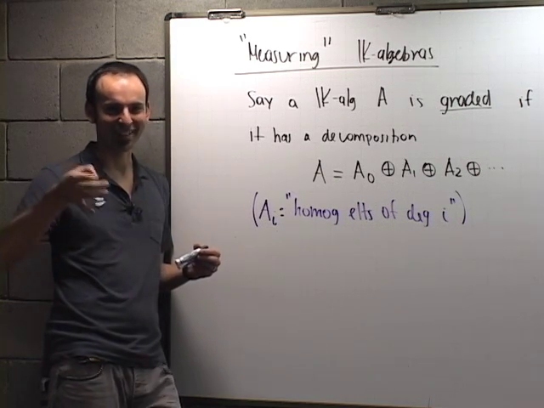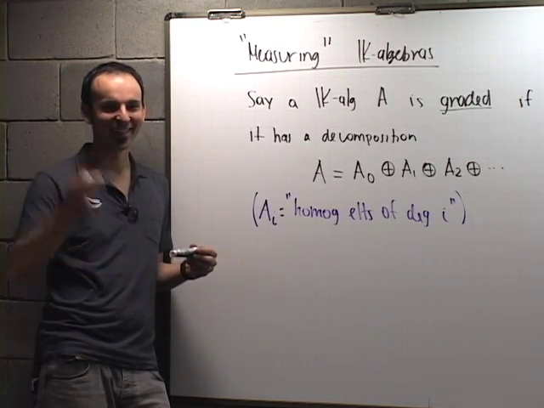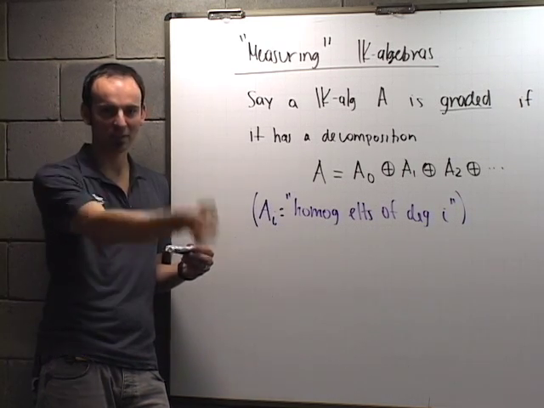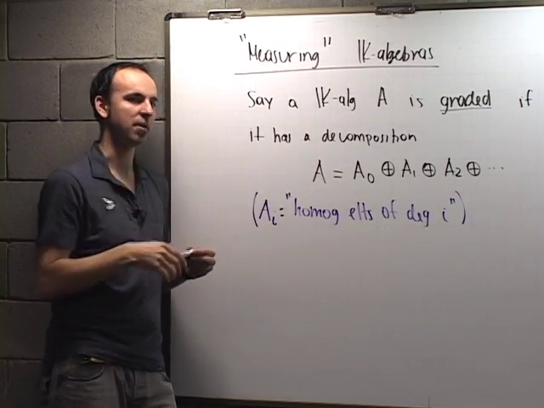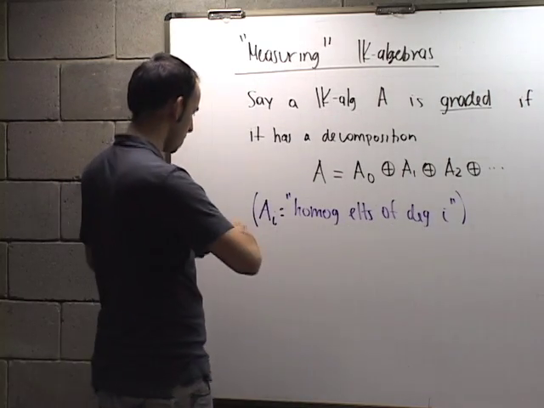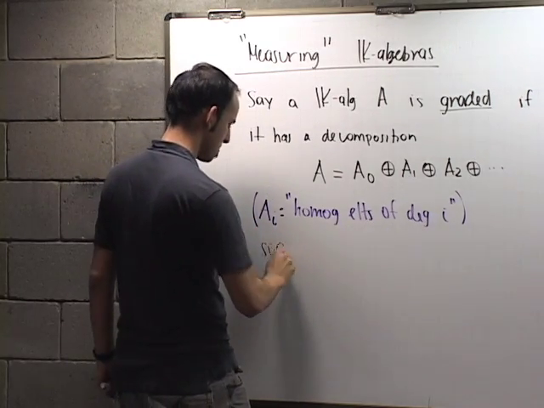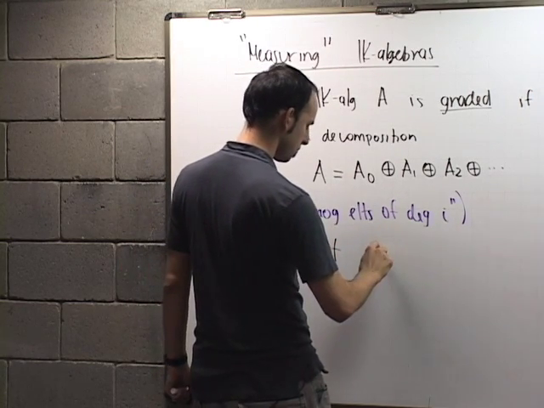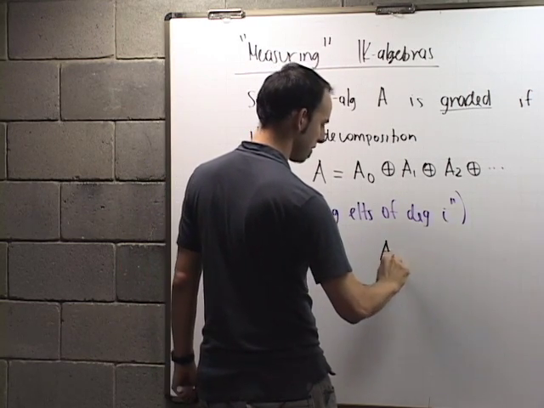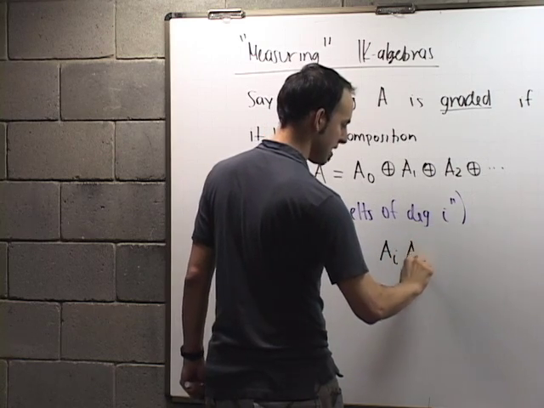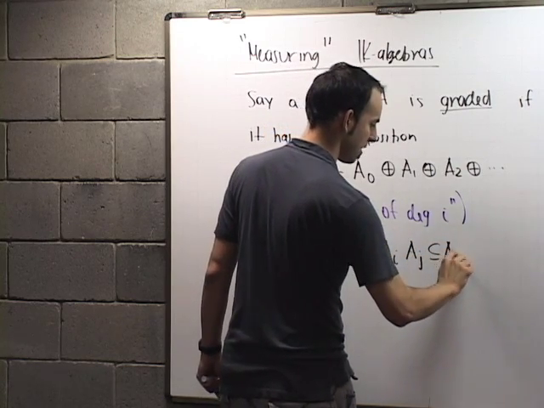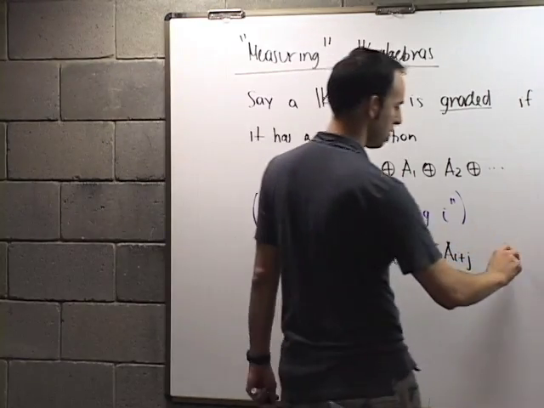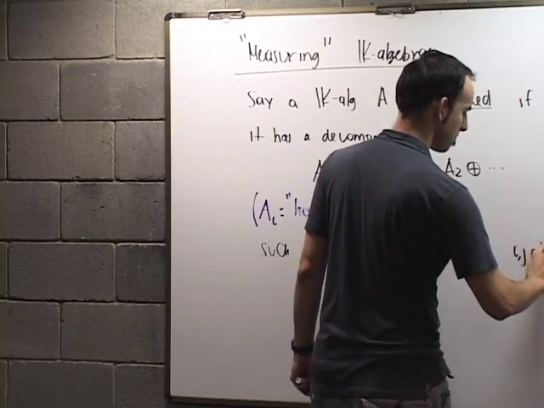So I think I see what you mean when you go like this. If you take something of degree i and multiply by something of degree j, it should land in degree i plus j. Such that if you multiply things in Ai by things in Aj, that should always be in A(i+j), for all i and j.